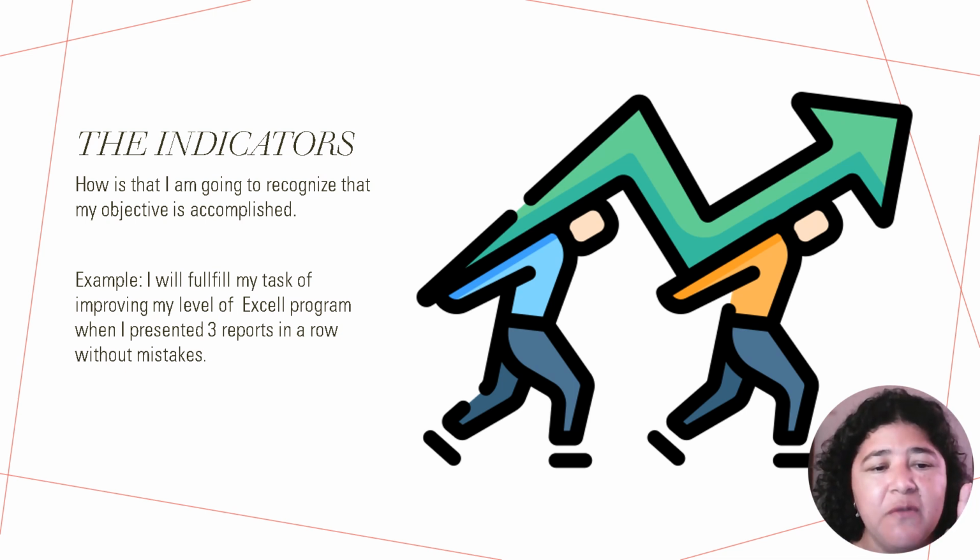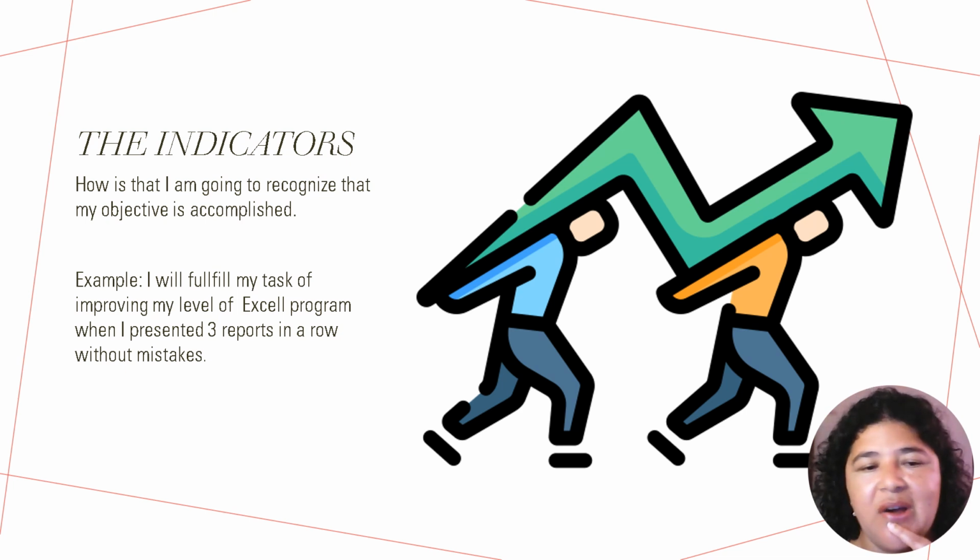So I will fulfill my task of improving my level of Excel program when I present 3 reports in a row without mistakes. So when you reach that, you can say that you fulfill your objective. When this happens, okay, this is like an indicator.